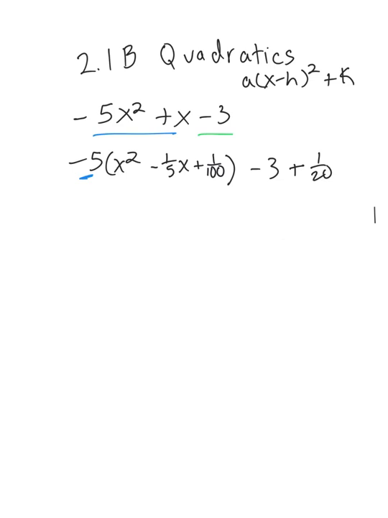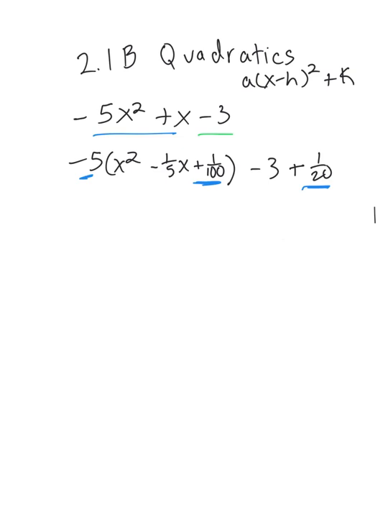So once again, to reiterate, normally to balance our equation, we would subtract, since we added on the inside, we would subtract 1 over 100, but we then had to multiply negative 1 over 100 by negative 5, and that gives us a positive 1/20.